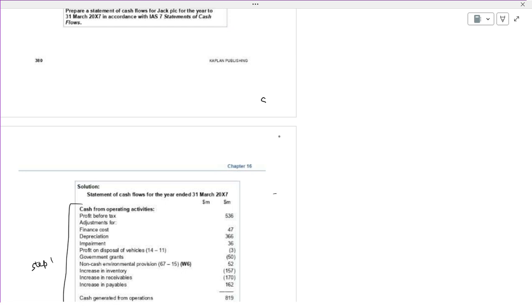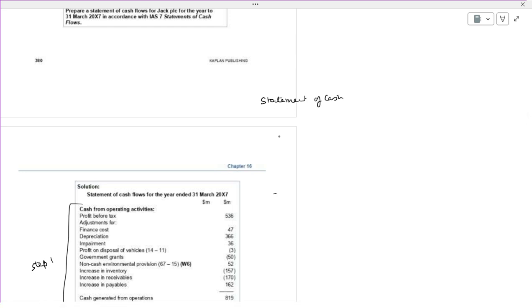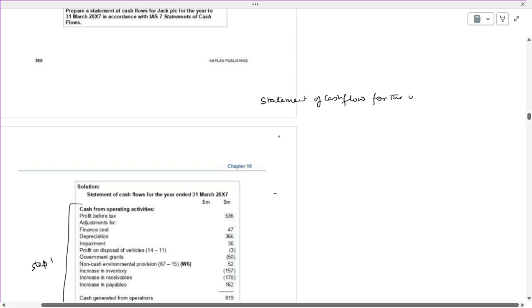Statement of cash flow for the year ended.